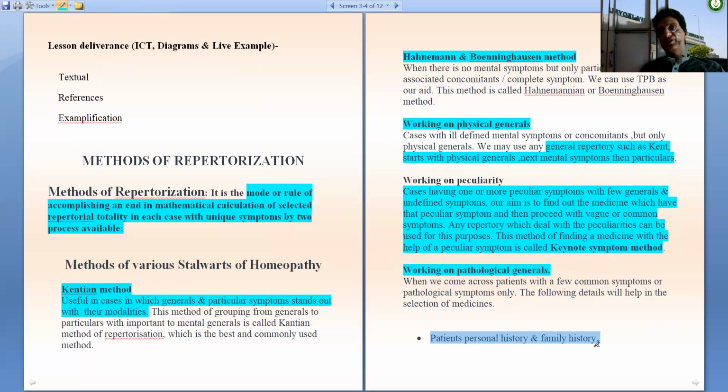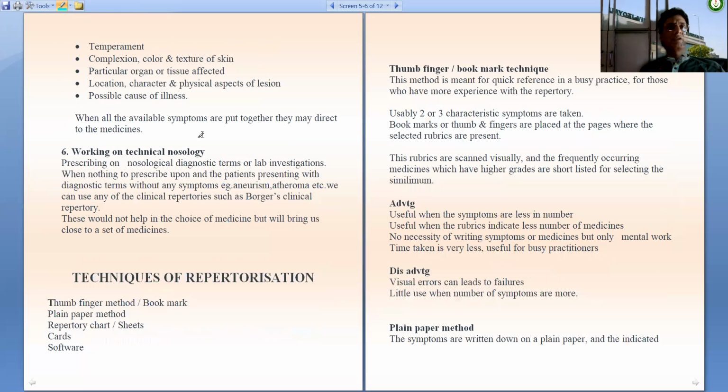Patient's personal history and family history, the temperament of the patient, the complexion, color, texture of the skin of the patient, then the particular organ tissue affected, the regional symptoms, then the location, character, physical aspect of the lesion, complete symptom, or the possible cause of the illness, that is treating the patient on the lines of causation as given by Clark.